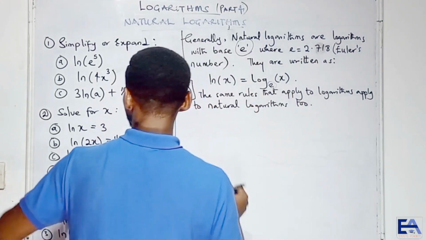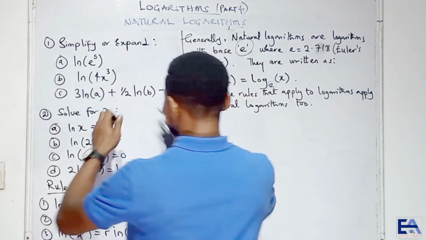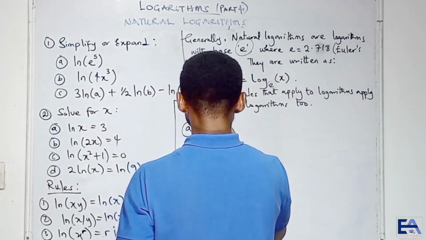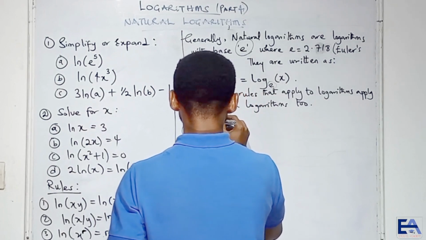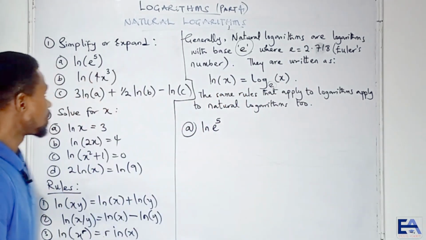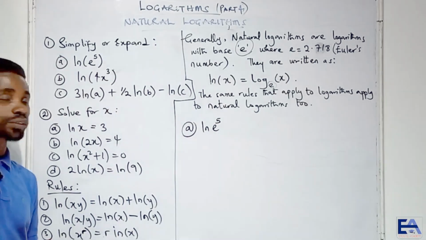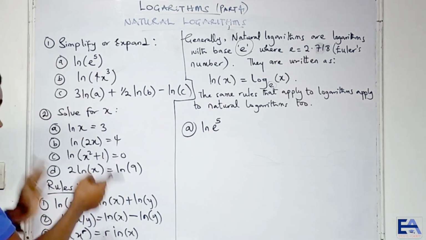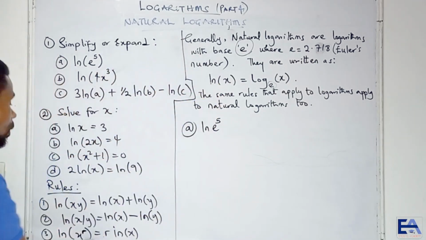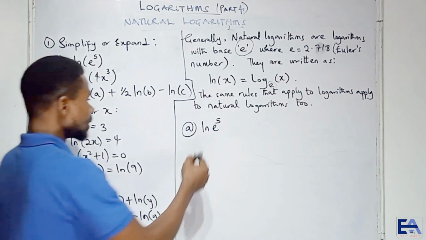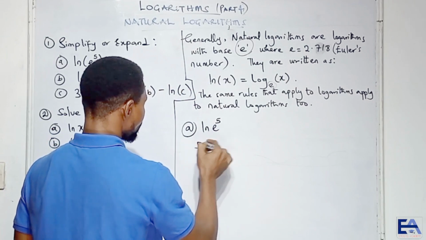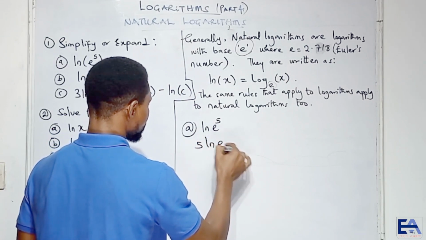Question number 1. Simplify or expand. So let's do 1a, which is ln e raised to the power 5. How do we solve that kind of question? Remember that the rules that apply to normal logarithm also apply to this. So ln e raised to the power 5 is just going to be simplified as 5 ln e.